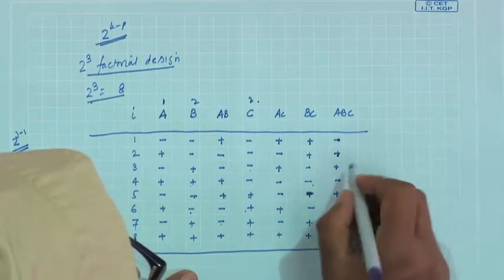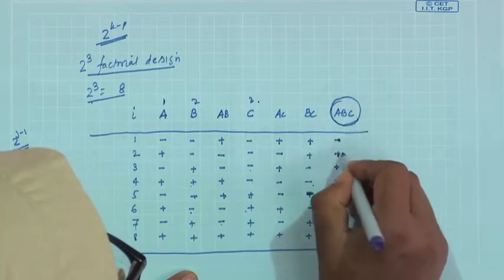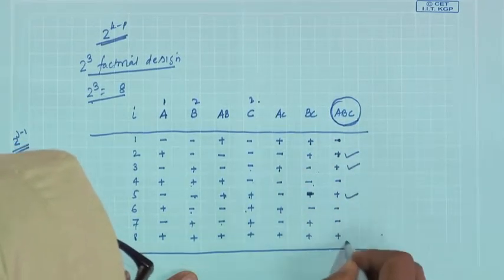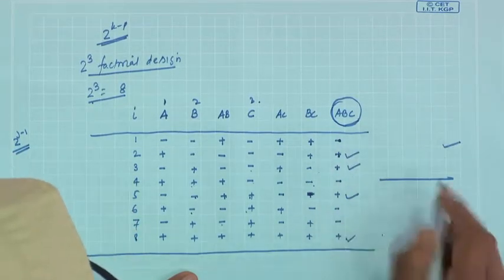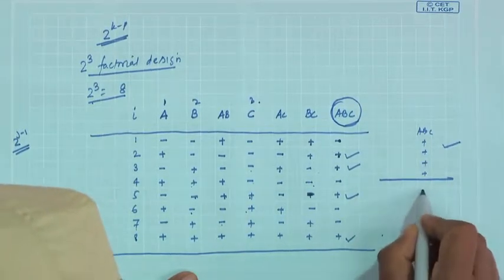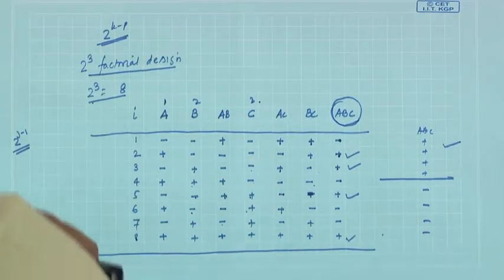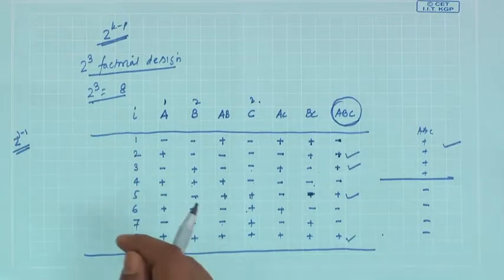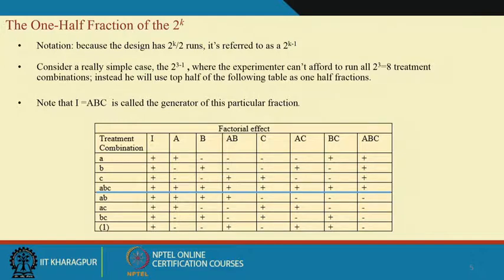Suppose you just keep ABC only plus on one side, the top half, and only minus on the other. So, ABC plus, plus, plus, plus, then minus, minus, minus, minus. This kind of difference you make, and then you will get a table like this.